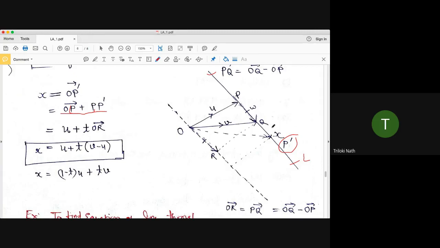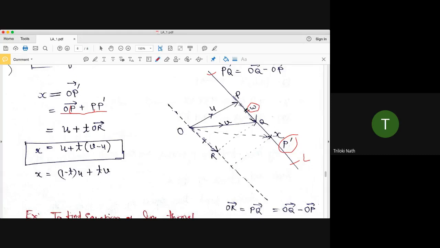And what is PP dash vector? The direction of PP dash is the same as the vector W, which is suppose PQ. But the scalar matters: if X is outside PQ, then the scalar must be bigger than 1.